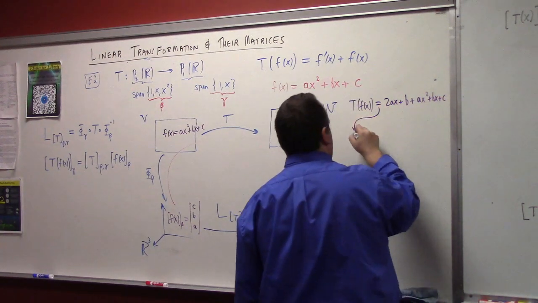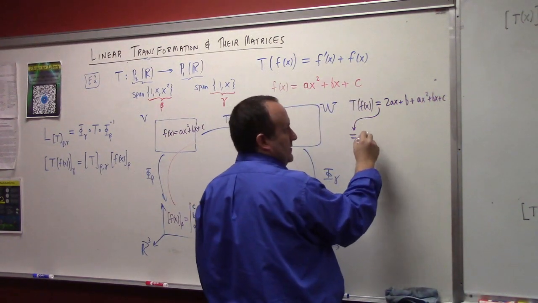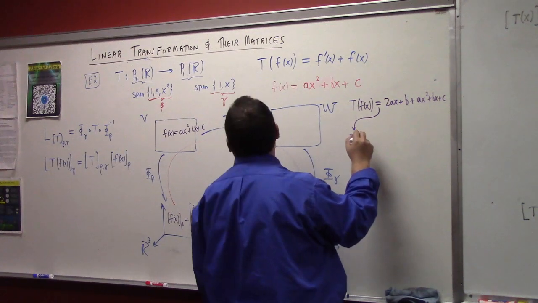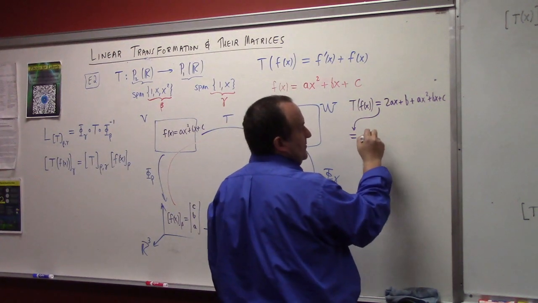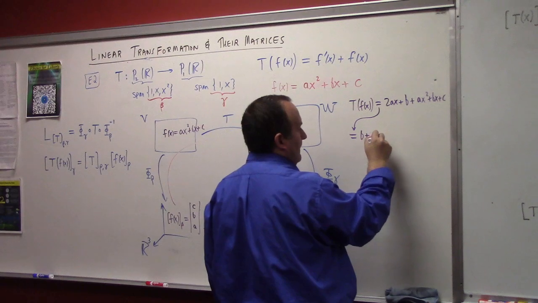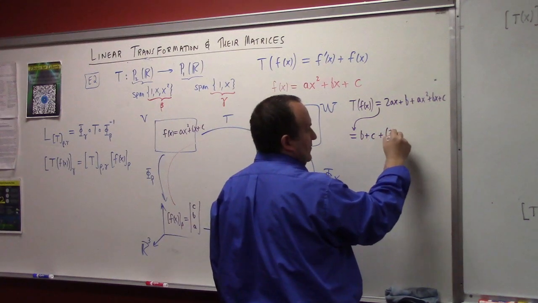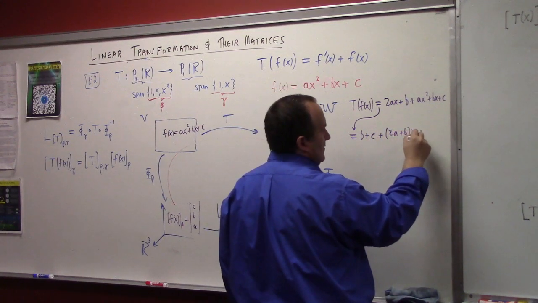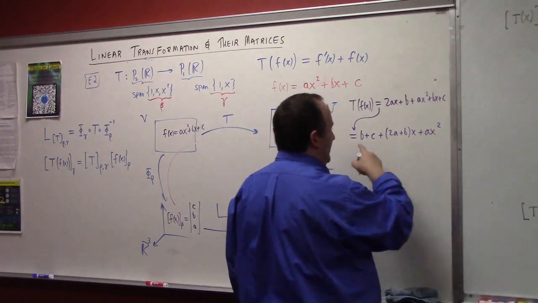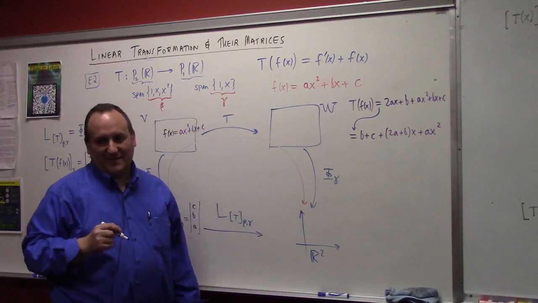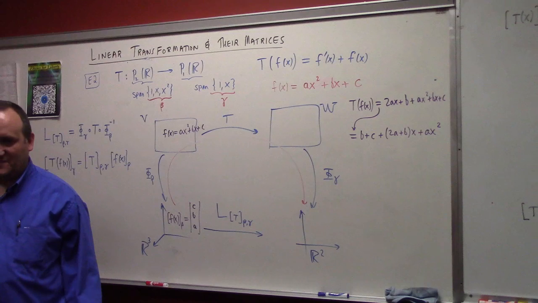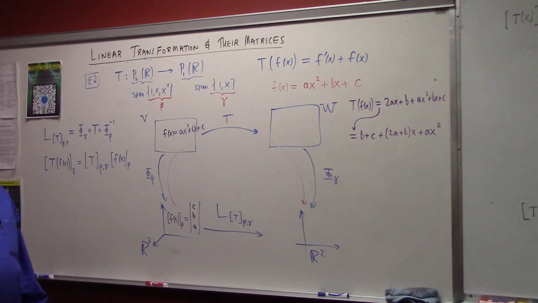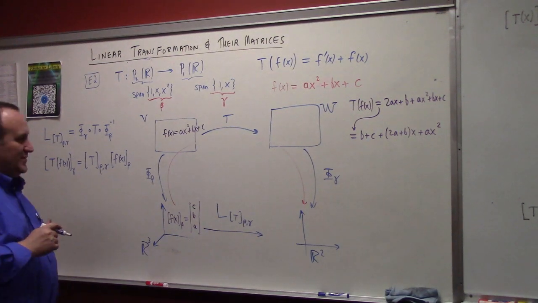So if I clean that up a bit, we've got b plus c plus (2a plus b)x plus ax squared, right? That would be a better way to write the formula because it respects my choice of basis. And oh, oopsie, yeah, this won't do, will it?